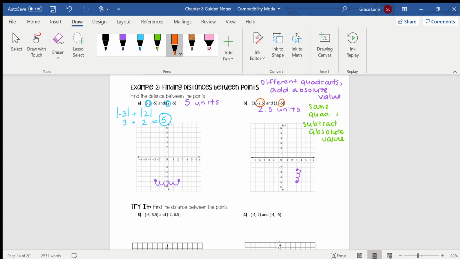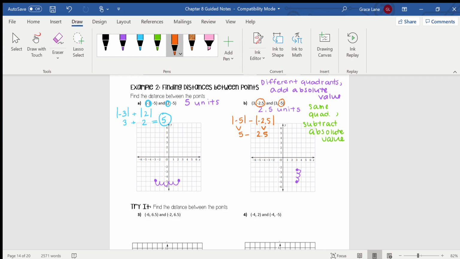And so if we subtract the absolute value of -5 minus the absolute value of 2.5, this right here is equal to 5, this is equal to 2.5, because they're 5 and 2.5 places from 0.